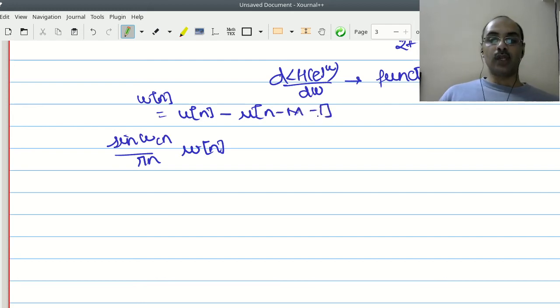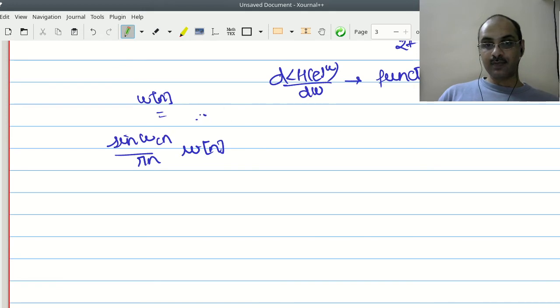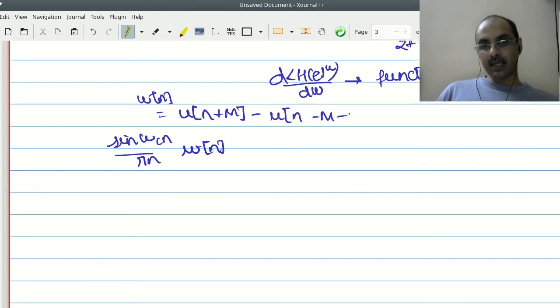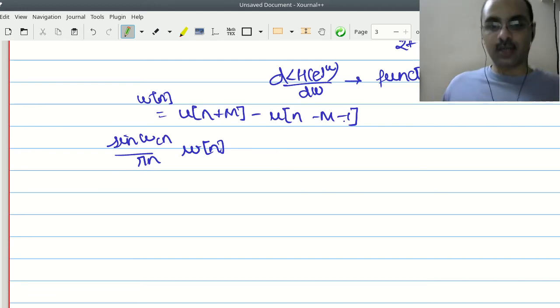So this is in fact an m length windowed version, and it's causal. Sorry, let me change this. I'm so sorry. It should be u[n plus m] minus u[n minus m minus 1]. So this takes values between minus m and m, and it's a symmetric window.